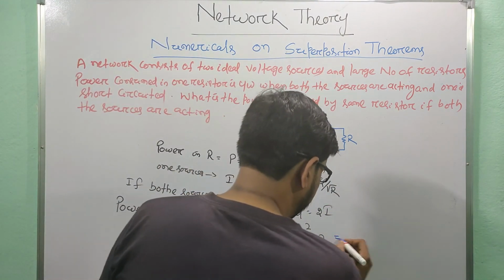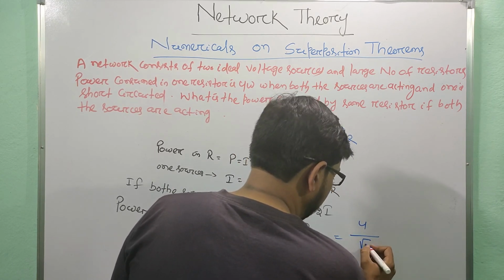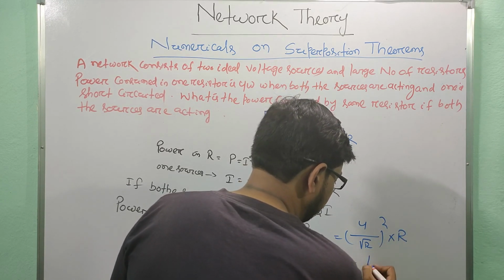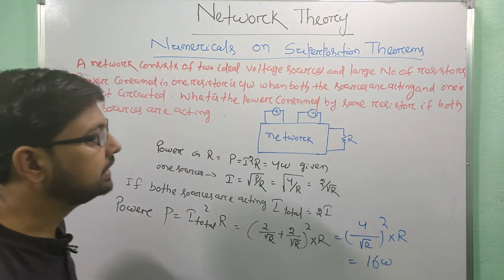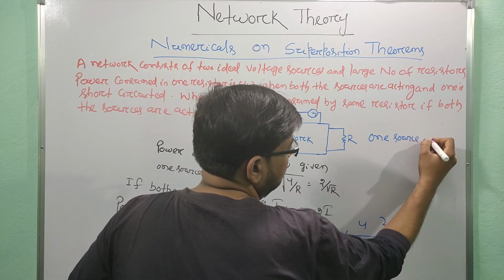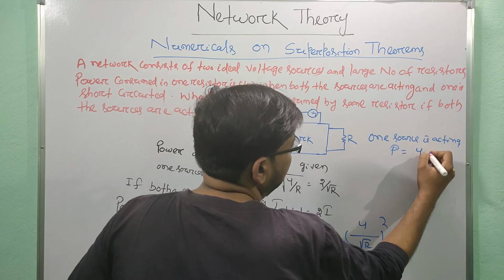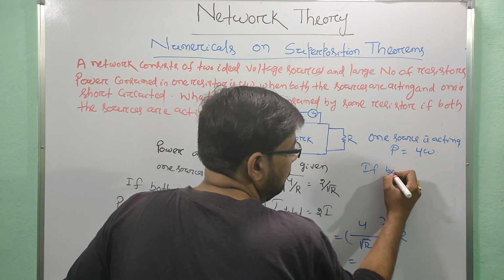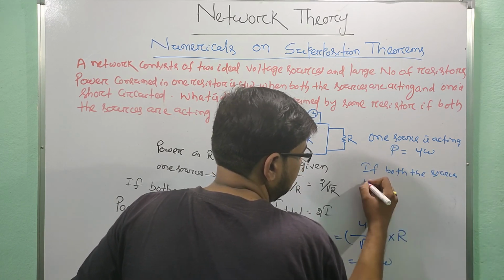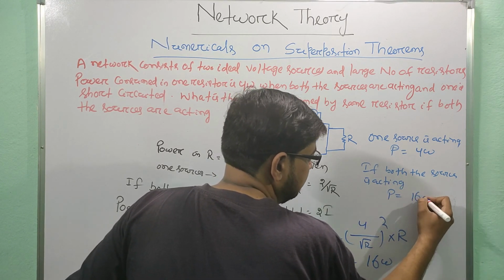That is equal to 4 by root R the square into R, so what is my watt? That is equal to 16 watt. So if one source is acting, P is equal to 4 watt, then if both the sources are acting, P is equal to 16 watt.